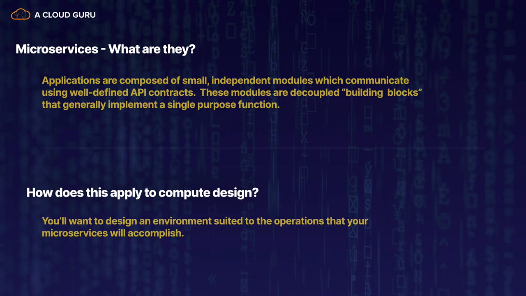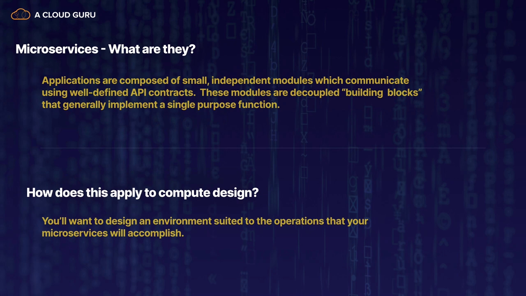So first off, what is a microservice? Applications are composed of small modules which communicate using standard API contracts, right? So a module may be designed to send out a communication, another may do a data call, another may scan a storage block for capacity, things like that.